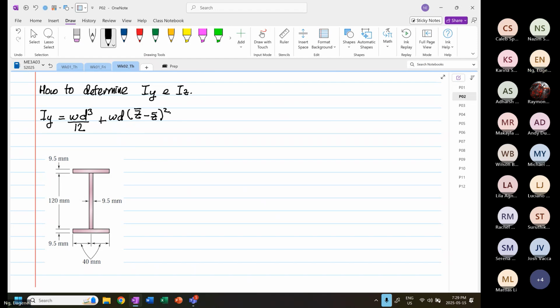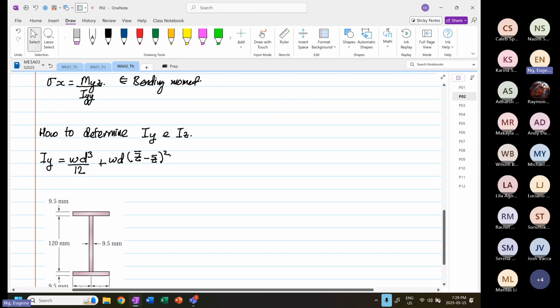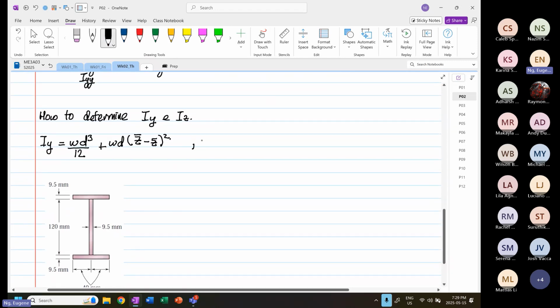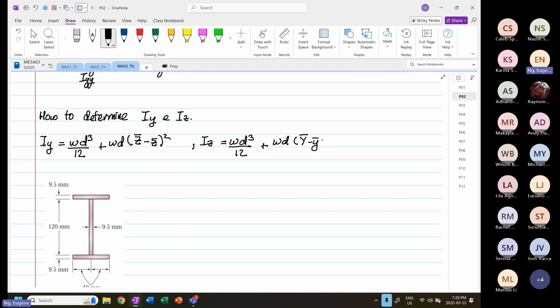And IZZ, which can also be called IZ, is equal to width depth cubed over 12 plus width and depth, capital Y bar minus small y bar, and the whole thing squared.